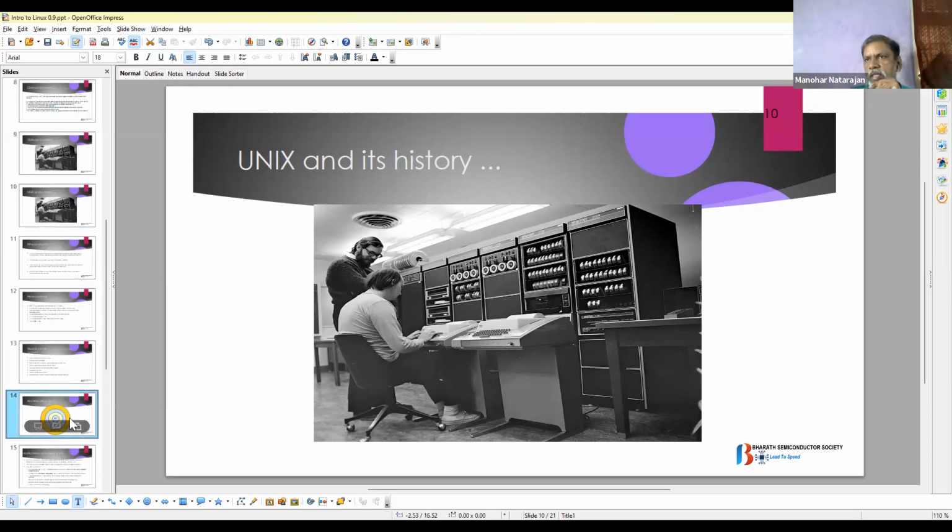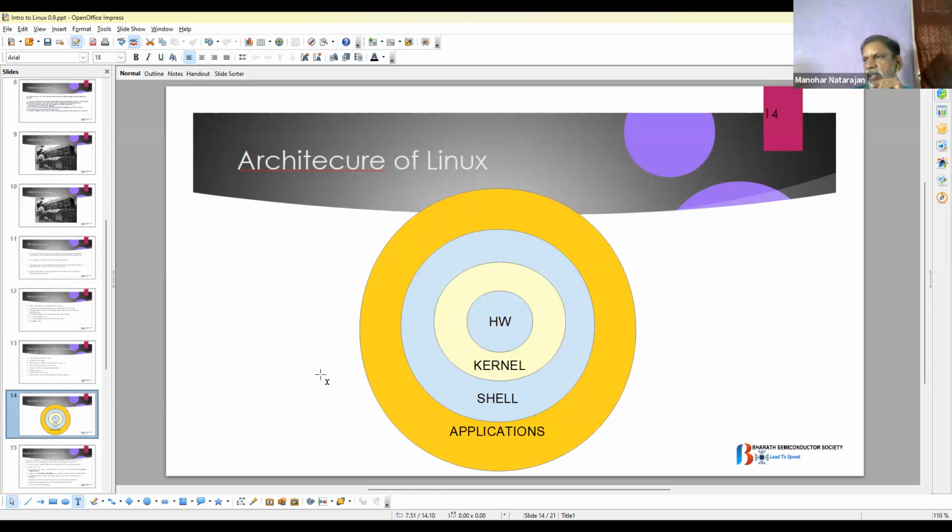Today there are so many ways you can interact with the computer. You can click on an icon, move windows, go directly to one particular character and modify it. Those things were not possible at that time. So you had a command line where you could only type one line of command at a time, and the shell evolved as a command line interpreter. Whatever the user enters first goes to the shell.